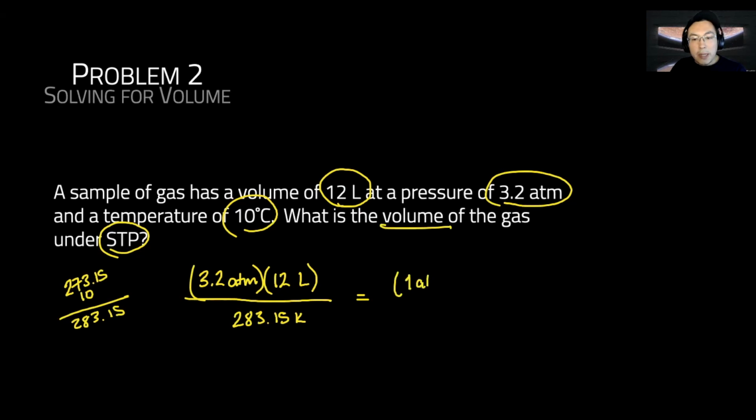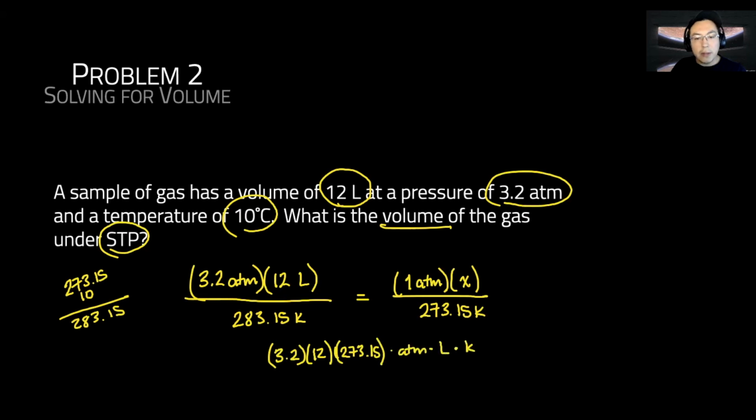So the second volume is going to be our question, right? STP means 1 atmosphere multiplied by X, which is our final volume, the one that we don't have. And the standard temperature is 273.15 K, right? We solve for X: 3.2, 12, 273.15. And then let's put all of our units, atmospheres, liters, Kelvin.